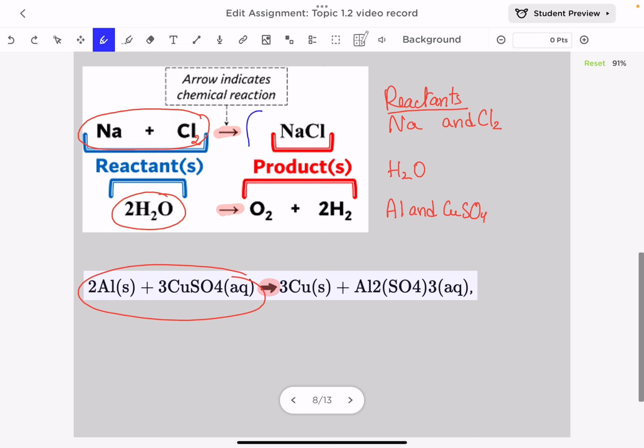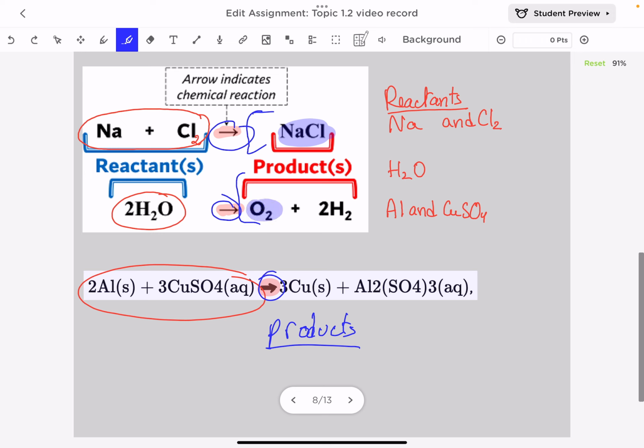How to determine the products in a chemical equation? We look at what is written after the arrow. So the products in these three examples are, in the first one, NaCl. In the second one, I have two substances as products. And in the third, I also have two substances as products.